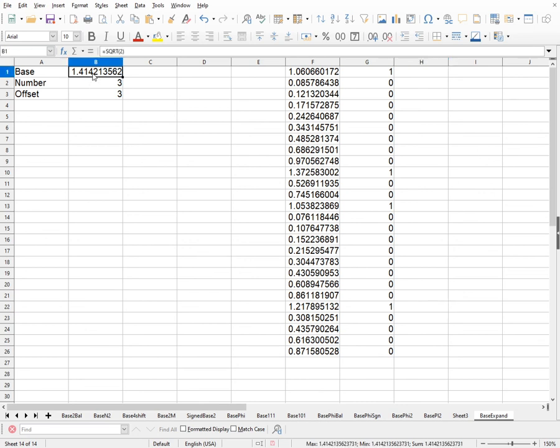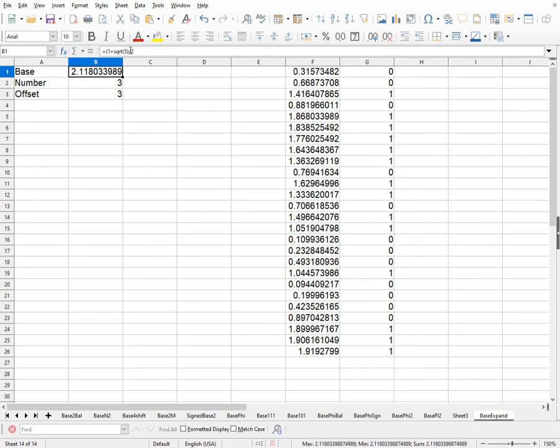And now let's go to phi. So that's 1 plus the square root of 5, divided by 2. Right, I'm missing a parenthesis in there.